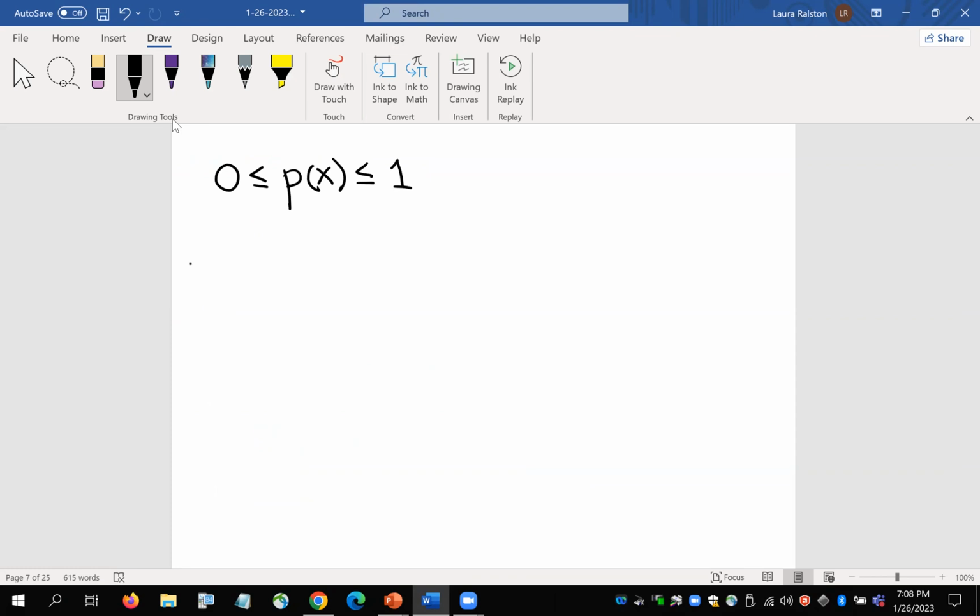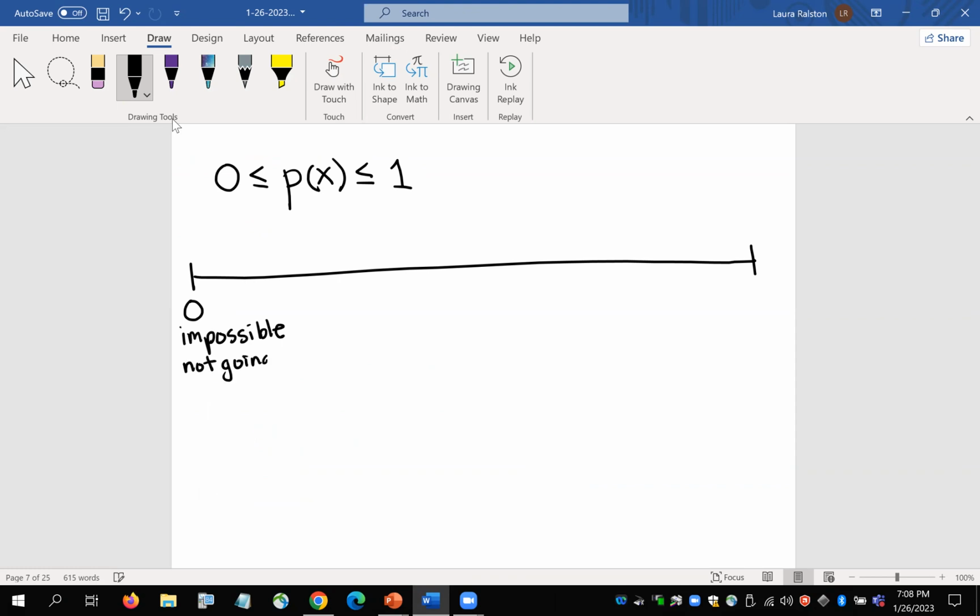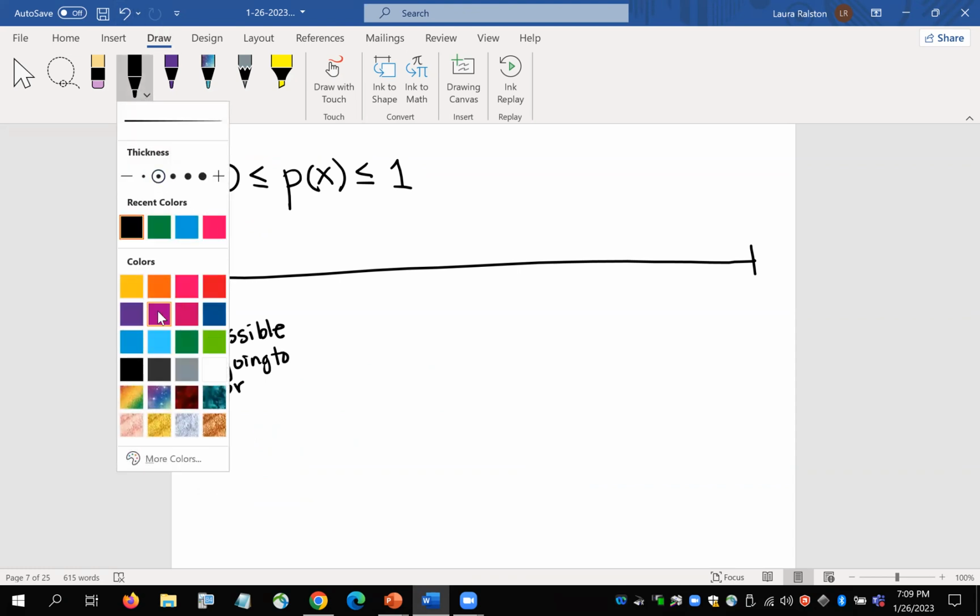So if you think about that like a number line, a probability of 0 means the event is impossible. It is not going to occur. No way, no how, no matter what you do, that event is not going to occur.